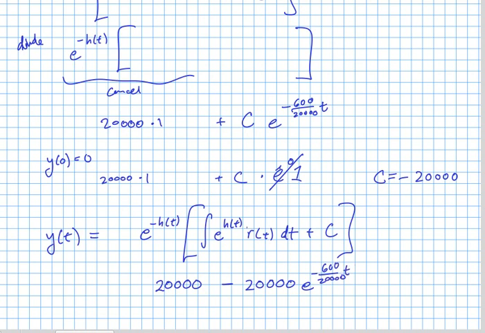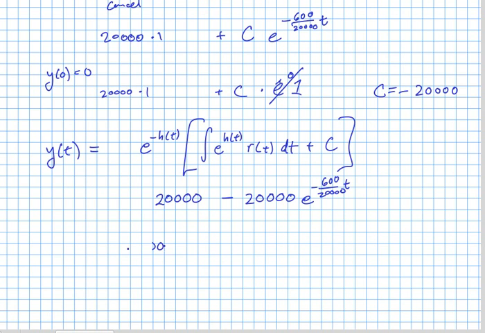We pull the 20,000 out, and now it's 1 minus e to the minus 600 over 20,000 t. And there is our model all complete.